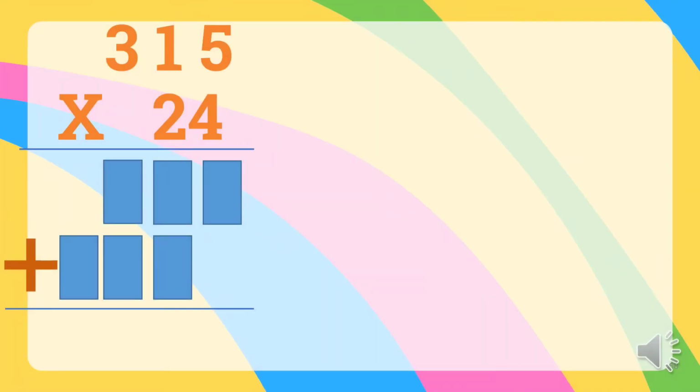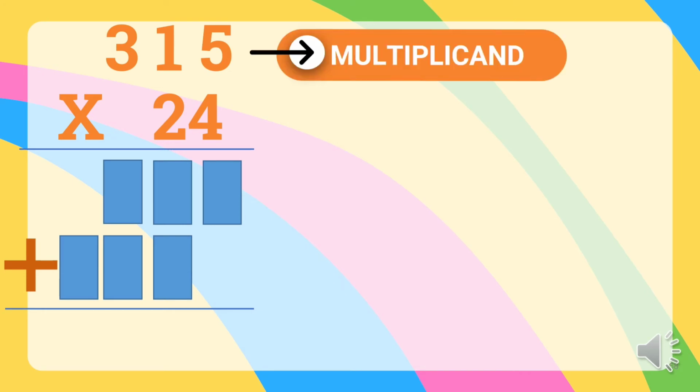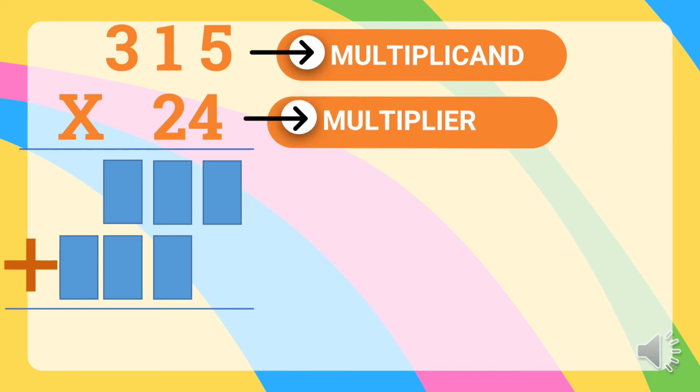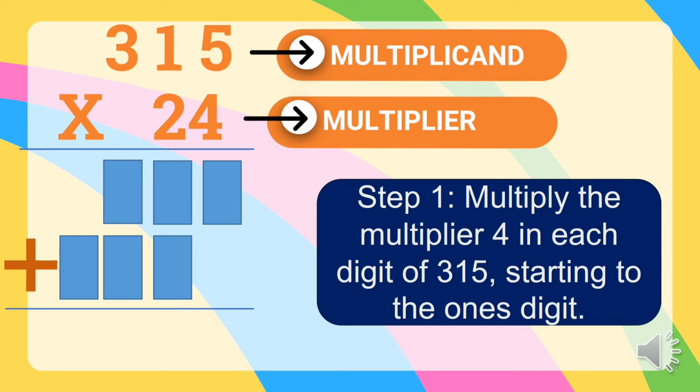So let's have 315 times 24. So 315 as multiplicand and 24 as the multiplier. Step 1 is to multiply the multiplier 4 by each digit of 315, starting with the ones digit.